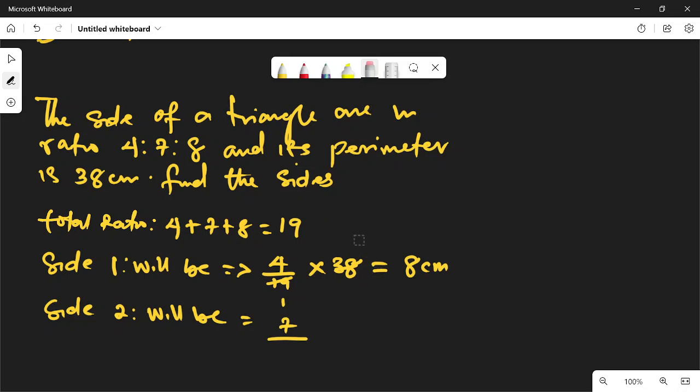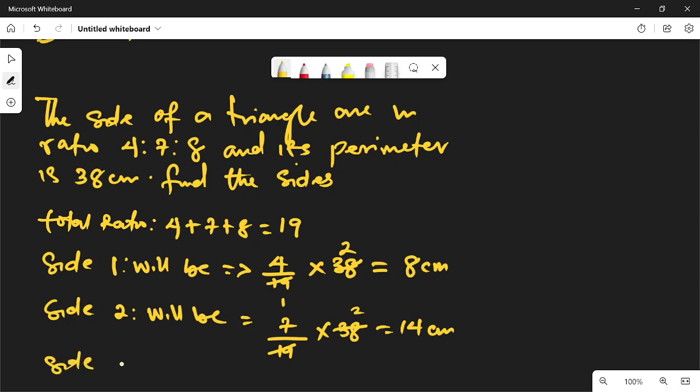This is supposed to be 2. So 4 times 2 is 8. Thank you. So 7 over 19 multiplied by 38. So this will also give us 2. So 7 times 2, that's 14 centimeters.